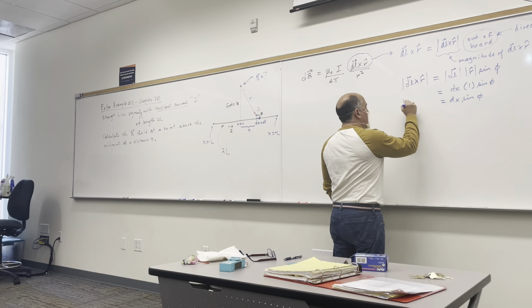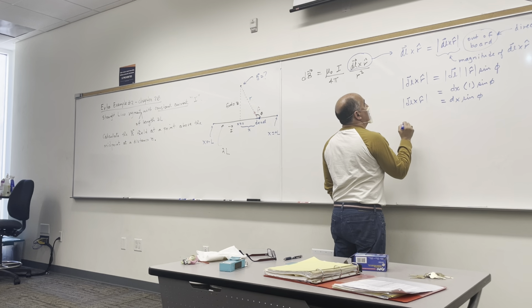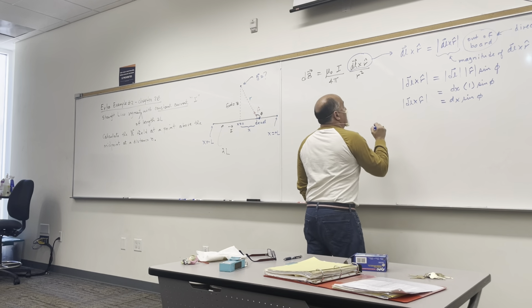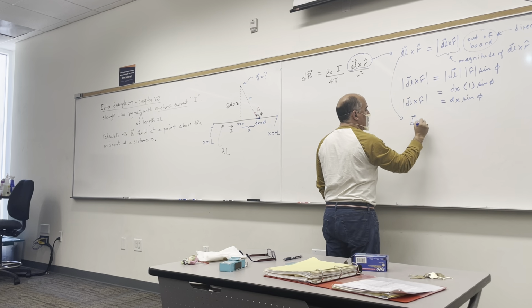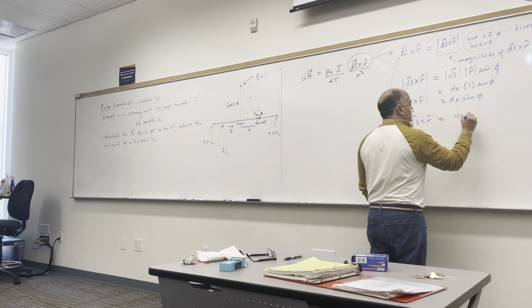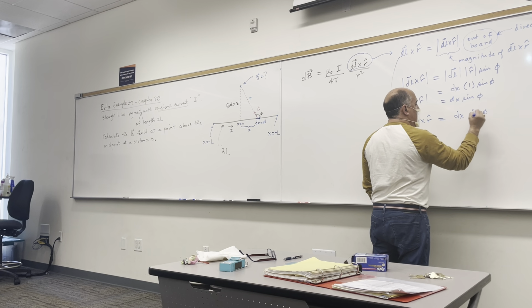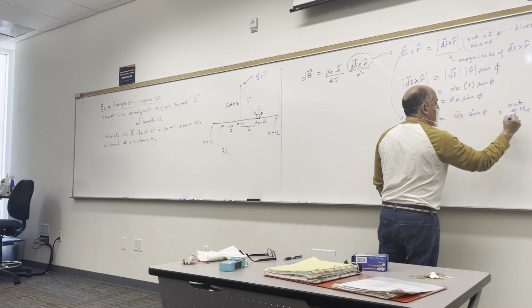That's the magnitude of dl cross r hat. So this cross product is a vector whose magnitude is dx multiplied by the sine of phi, and the direction is out of the board.